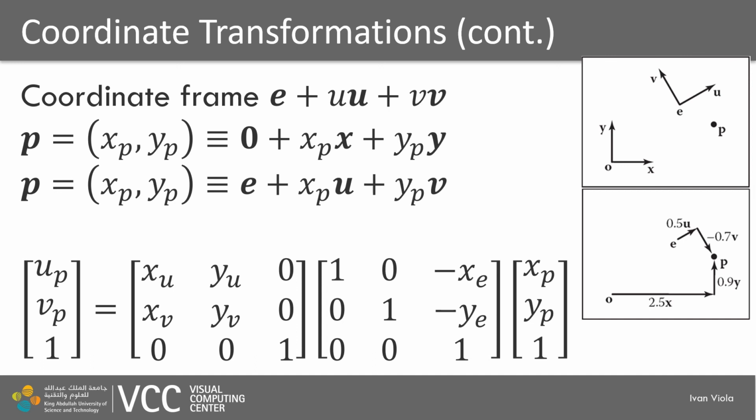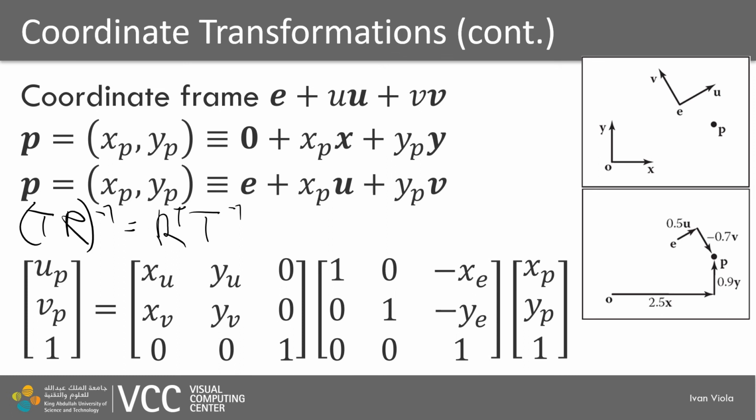Let's try to do the opposite. So we get from the XY coordinates of the point into the UV coordinates of the point. How can this be realized? Well, we can already assume, or somehow intuitively understand, that we will have the original rotation and translation which we were using, and we will just perform the inverse operation of that, which means we first perform the translation and then we perform the inverse of the rotation, which for the rotation is the transpose.